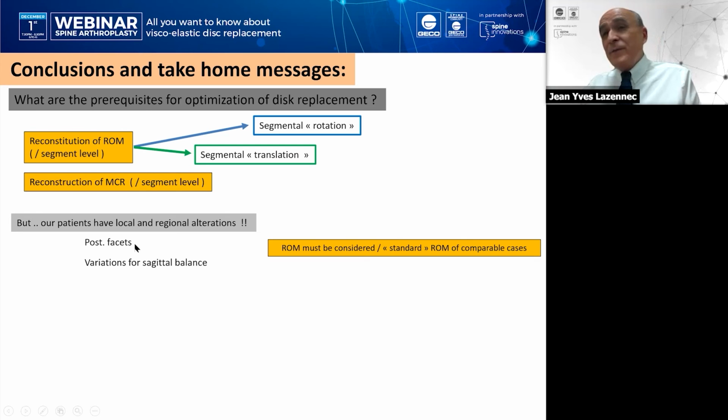Posterior facet, Svante will speak about this, and variation of sagittal balance. How can we imagine that with the same mechanical implant, we can solve the problem of a lordotic cervical spine and the 30% of kyphotic cervical spine? The same reflection regarding the lumbar level.